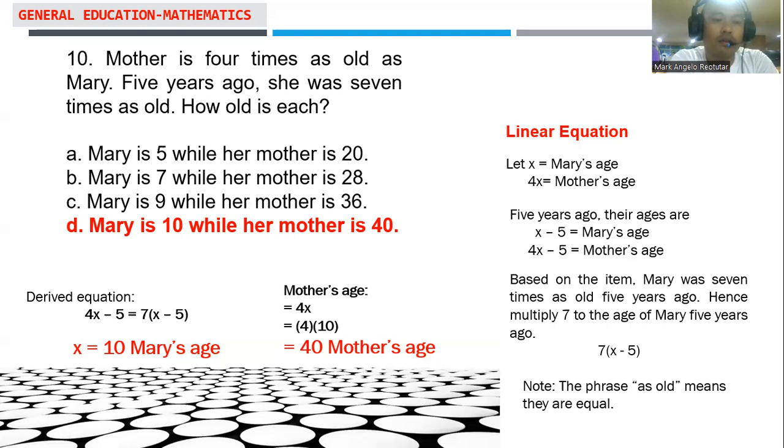So computing now the value of x that will serve as the age of Mary, the value of x here, considering the derived equation, is equal to 10, and that represents Mary's age. Just multiply by 4, and that will be the age of her mother.